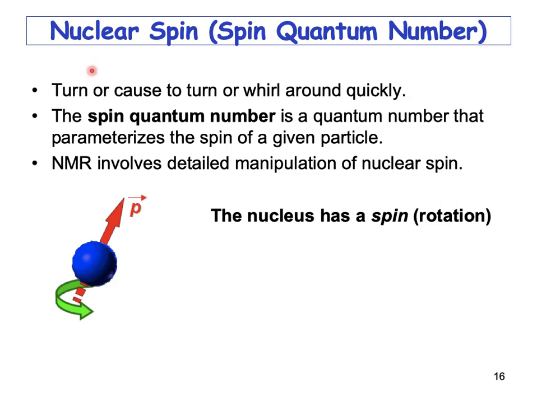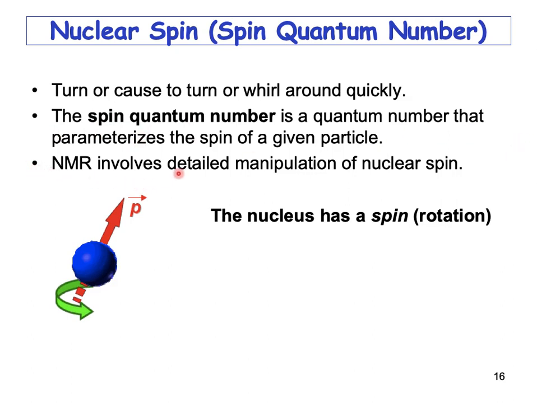Spin is to turn or cause to turn or whirl around quickly. The spin quantum number is the quantum number that parameterizes the spin of a given particle, meaning it gives spin information about the nuclei or the particle.